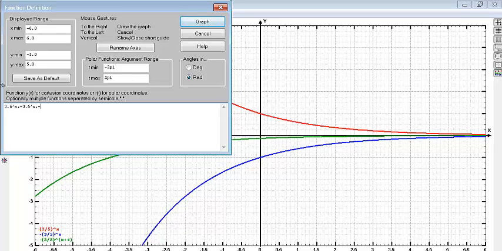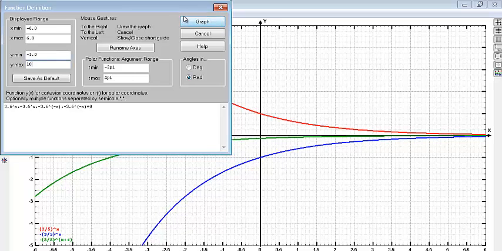We'll do negative 3.6 to the negative x, plus 8. We may have to change the scale here a little bit. Let's go to a y max of, let's say, 10.